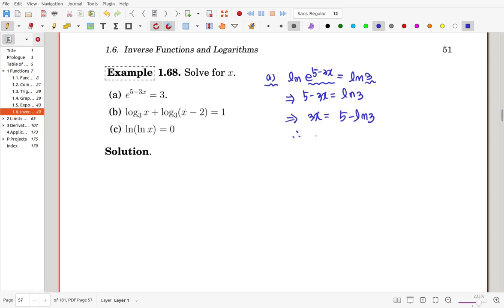And so we can conclude that x equals 1/3 of 5 minus the natural logarithm of 3. This is the final answer for a. Now let's go to b.